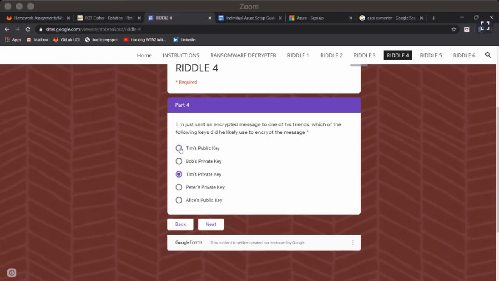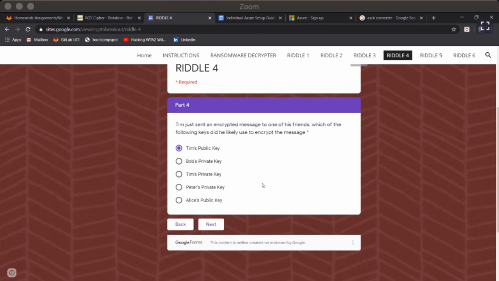Second, Tim's public key. Is it Alice's or Tim's public key? Why would it be Tim's? Hold on. Before we click things, we need to make sure we know why we're clicking. So, why did you choose Tim's is what we should figure out. Well, it's going to one of his friends, so he's using their public key. Why isn't he using their private key? I say it's Tim because he's the only one specified in the question in any of the answers. Well, no. You have to think about this too.